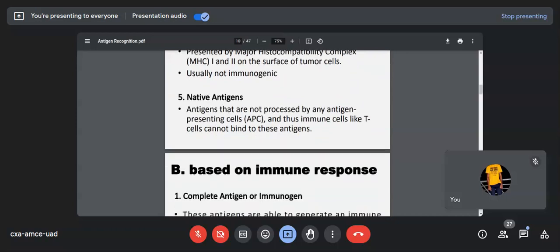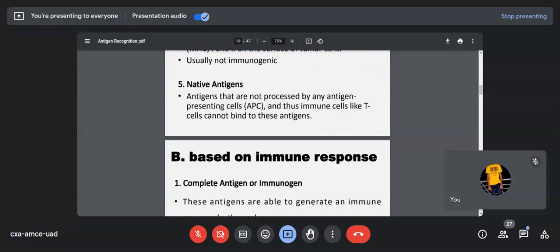Then the last type of antigens we'll talk about is what we call native antigens. These are antigens that are processed by APCs and cannot directly bind to the T cells. Remember, I said when an antigen binds to a T cell, it will be regarded as an antigen first of all before it causes an immune response.